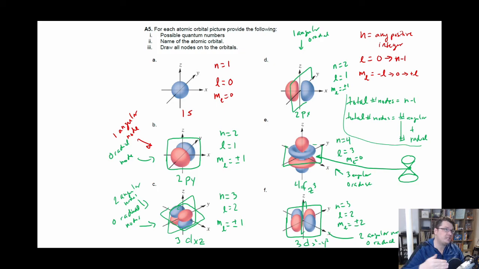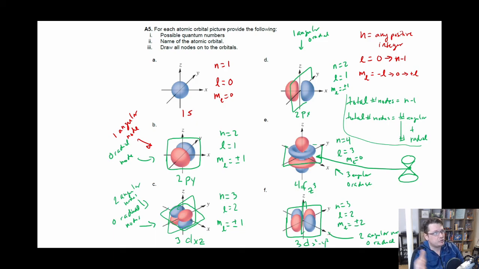Where are the points where you're seeing that switch in color? Then ask, does it cut through the point where x, y, and z are all equal to 0? If it does, that's an angular node. If it does not, if it's further out where you're getting that change, that's then a radial node in that case.